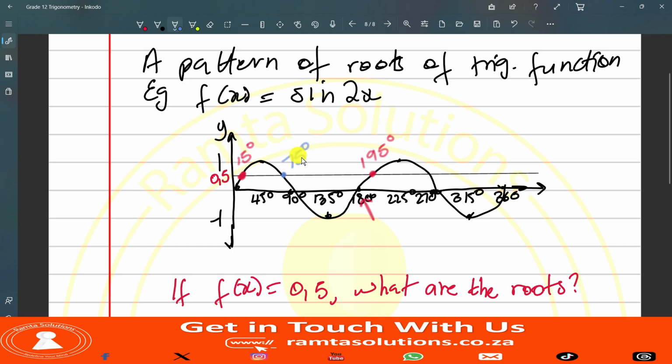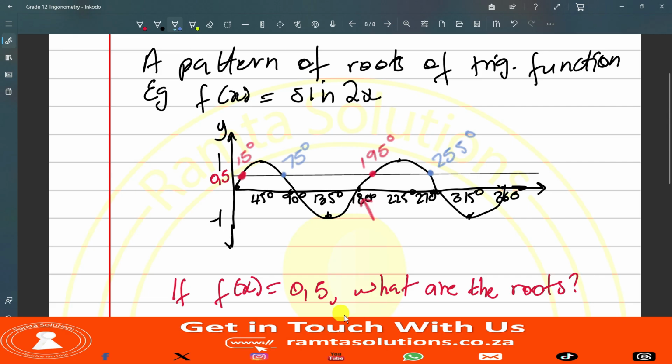But this point occurs after 180 degrees, so another point that is in phase with it is 75 plus 180, which will be 255. This is what you are getting without using general solutions.